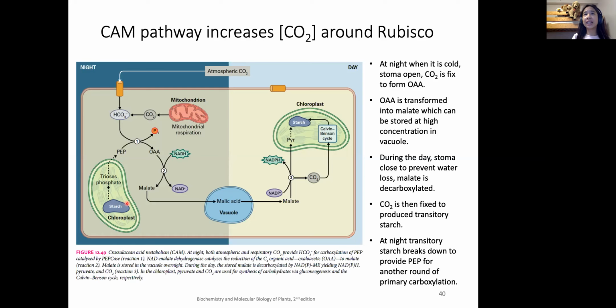During the night, this starch is degraded and you get triose phosphate or 3-carbon sugar, and that will be recycled to become phosphoenolpyruvate that can be used for fixing more bicarbonate again.